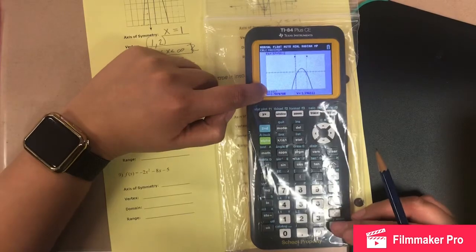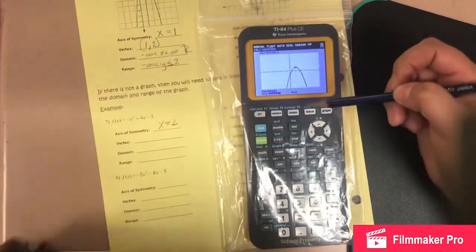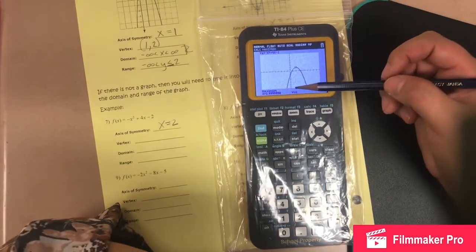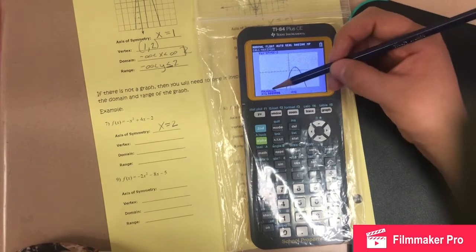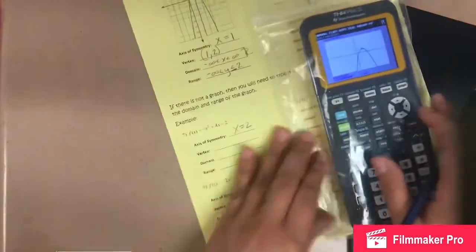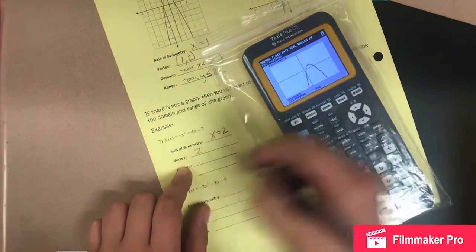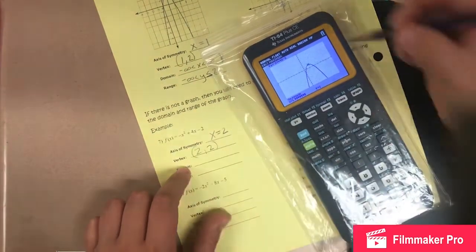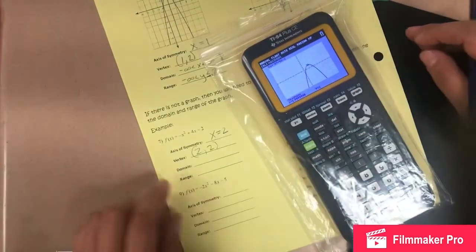And then I hit enter a third time. And then it says the word maximum, and we're going to round this, okay? So even though it says 1.9999999, it's going to round to 2. But my vertex is 2, 2, my x and y value, okay? And you could have seen that visually. It's just for more accuracy, we're going to try the calculator method.